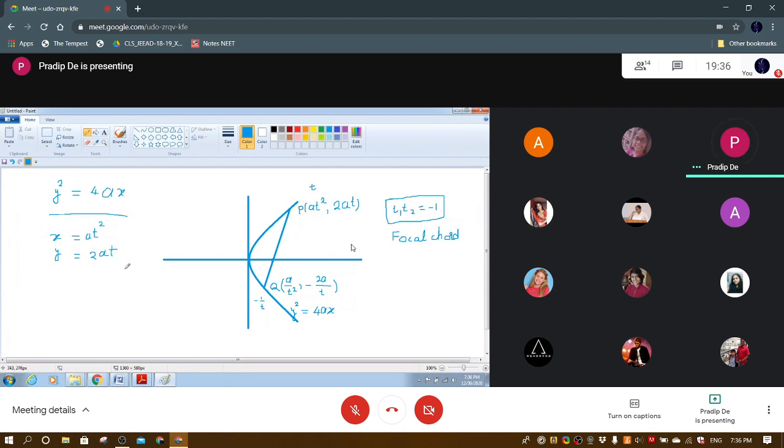What is t? T is a parameter. What is a parameter? Just a variable. For different values of t, you get different points on the curve.